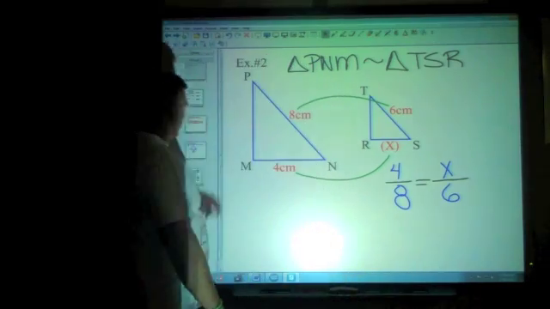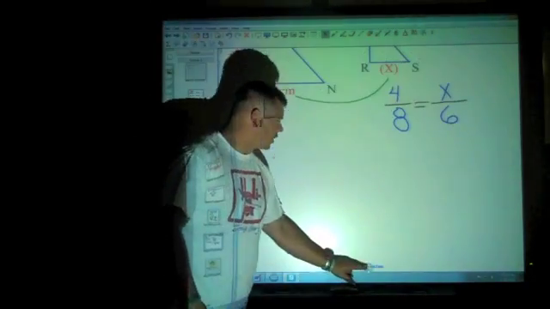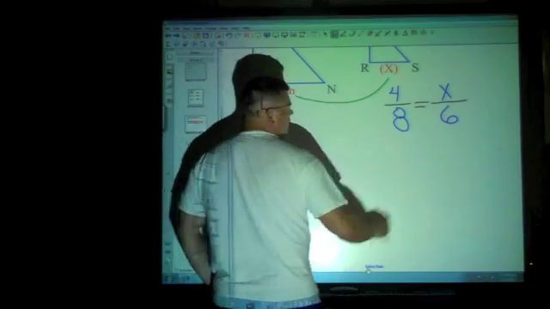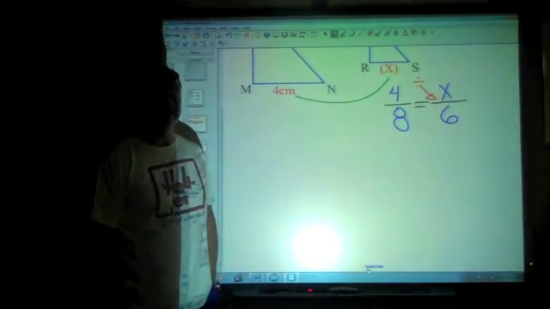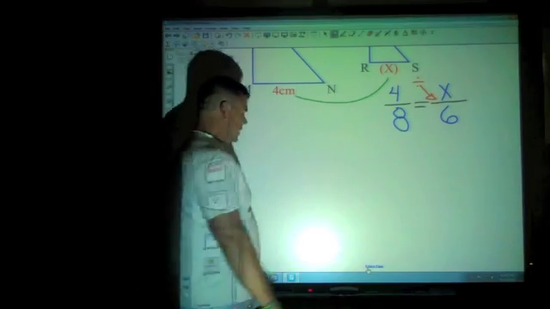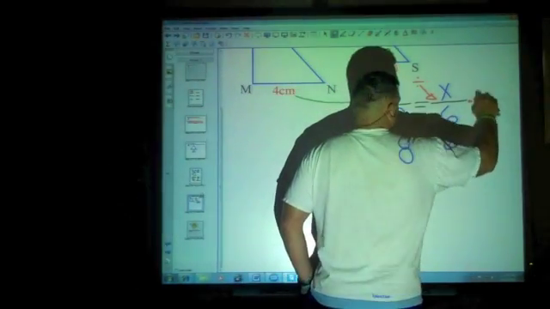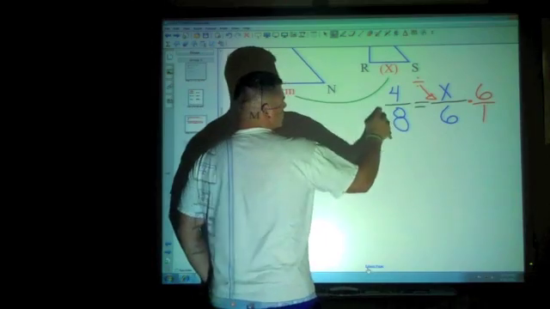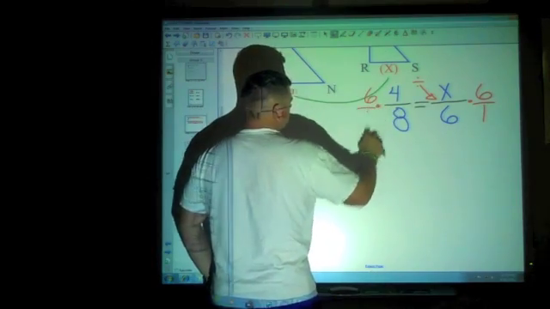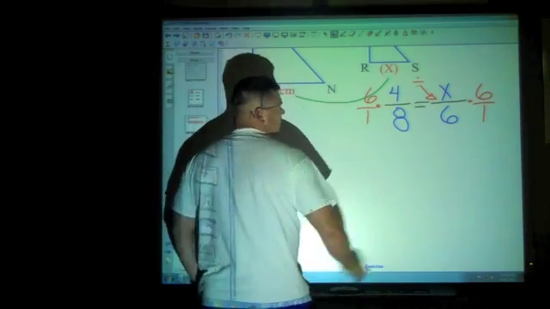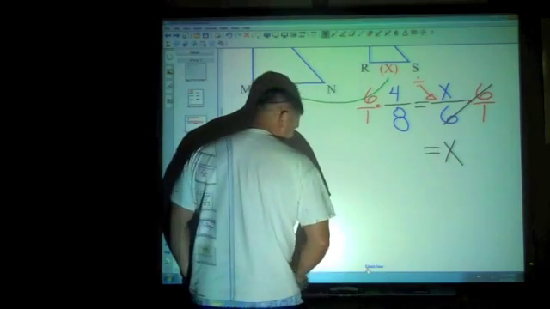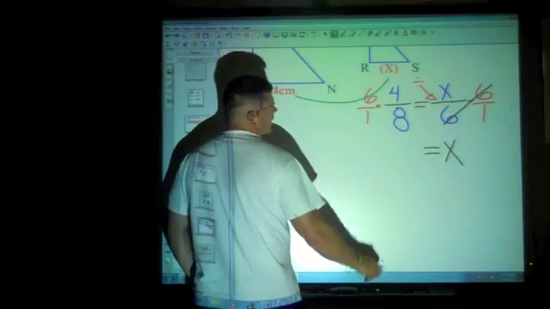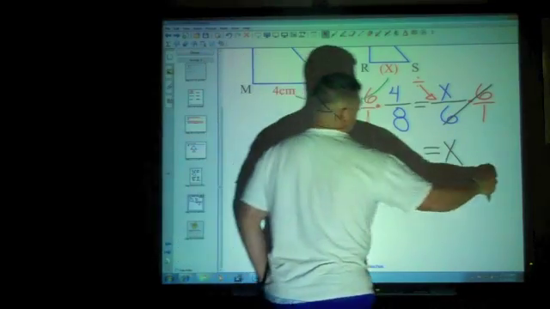And from here, we are all set to use our inverse operations. This line right here means divide. The opposite of dividing by 6 is to multiply by 6. So we will multiply this side by 6 over 1. And I'll multiply this side by 6 over 1. Now the 6's cancel out, so x is alone. And if I really think about it on this side, I have some cross simplifying that I can do.